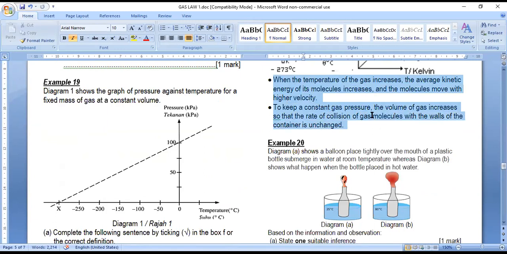So when the temperature of gas increases, the average kinetic energy of molecules increases, and the molecules move with higher velocity. So to keep the gas pressure constant, the volume of gas must increase, so that the rate of collision of gas with the wall remains unchanged. So this will be the answer.